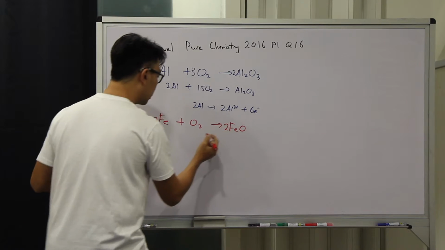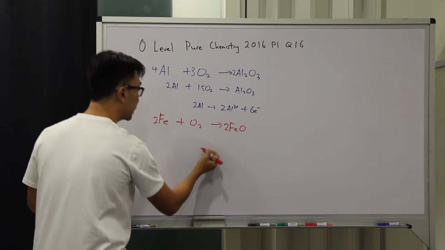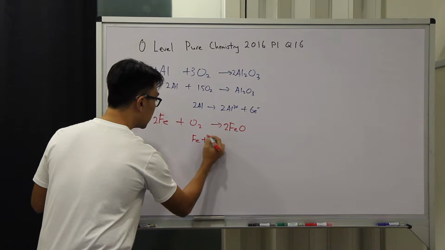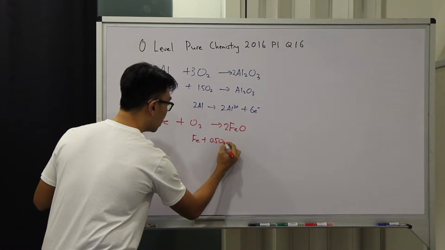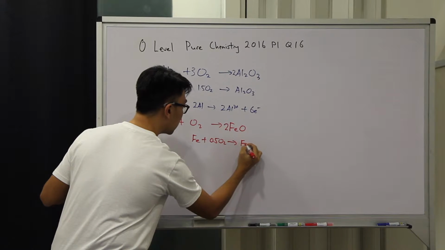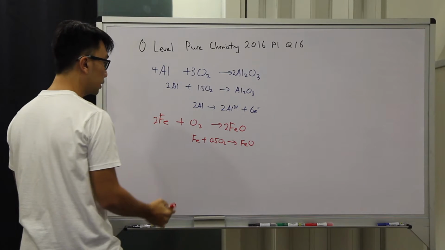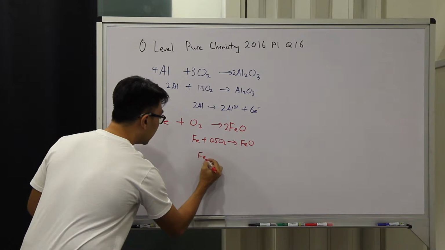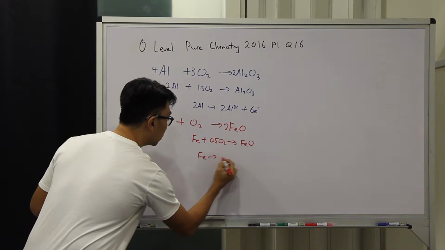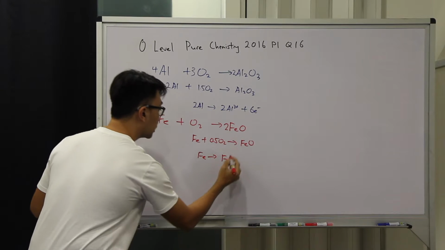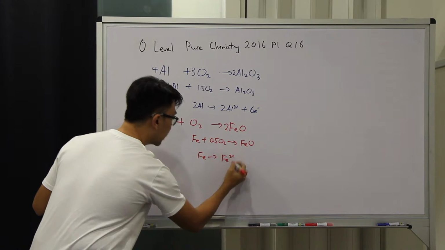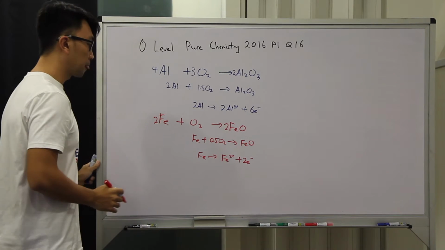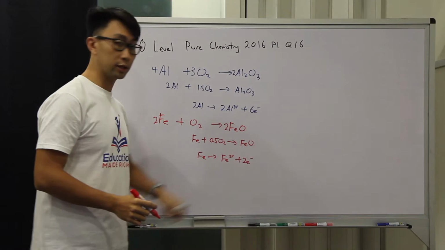Then if we scale down to 1 mole of the metal oxide, we'll have 1 Fe plus half an O2, giving us 1 FeO. So that will involve the transfer of electrons from 1 iron atom to 1 iron ion, and that is a 2+. That involves the transfer of 2 electrons. So this is 2 electrons.